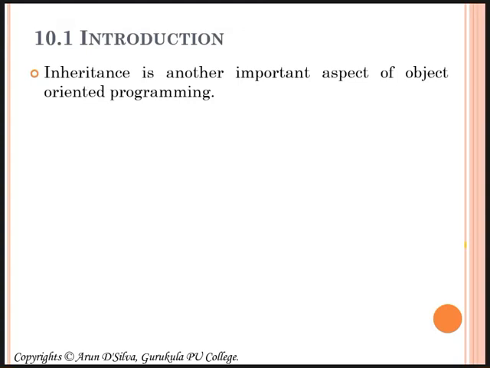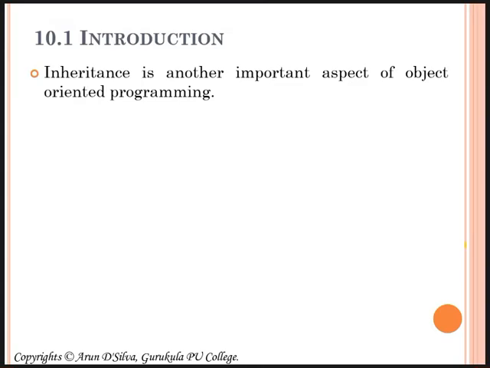Inheritance is another important aspect of object oriented programming. We have learned in chapter 6 the characteristics of object oriented programming. In that, one is inheritance. So that's the reason I said it's an important aspect of object-oriented programming.